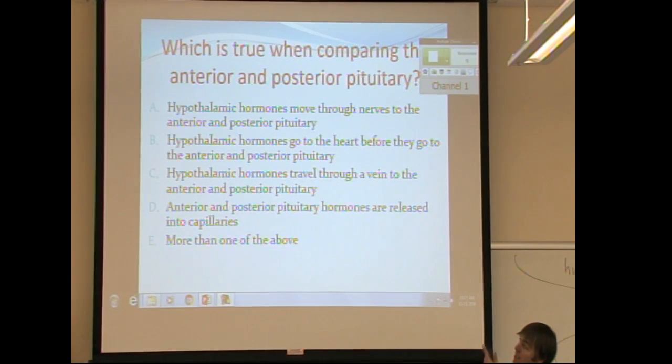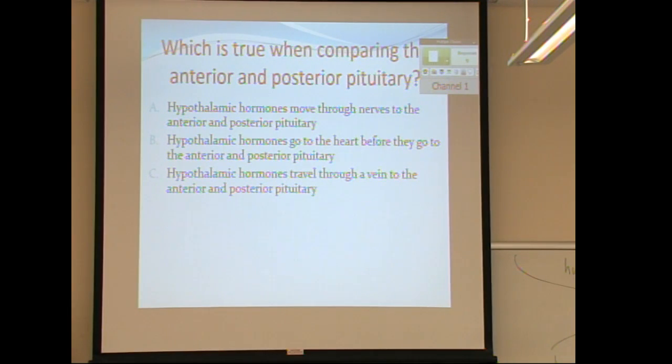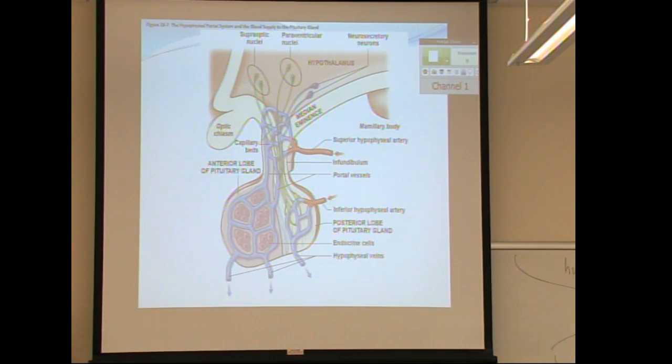So only the ones going to the anterior go through a vein. The posterior go through axons. It goes through little tracts. So the ones going to the anterior pituitary go into these capillaries, and through the portal veins to here.